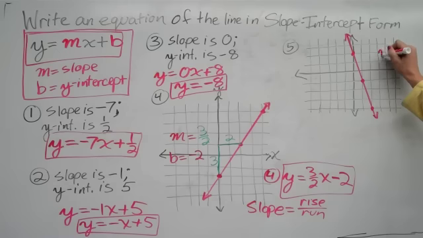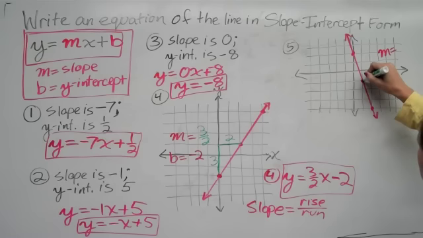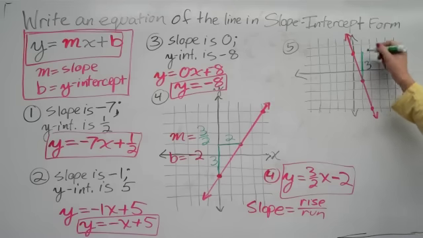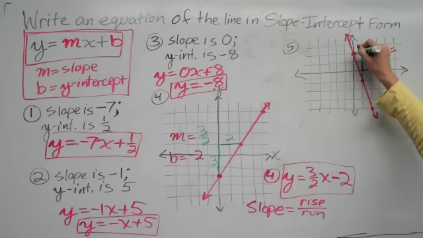If you'd like to start with the slope again, what's my rise over my run? I could go from this point to this point by going up 1, up 2, and up 3. So that was a rise of 3. But from there, I'm going back 1, so that would be a negative 1.